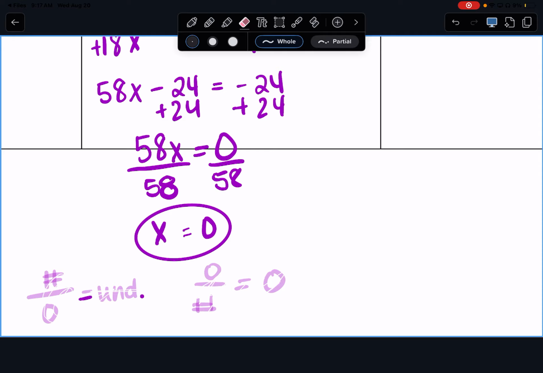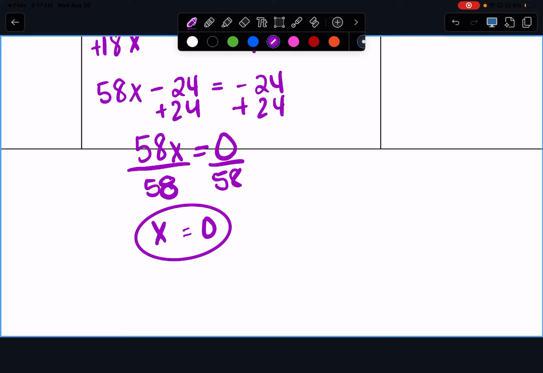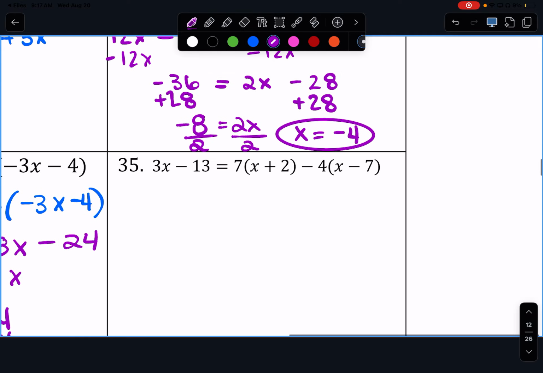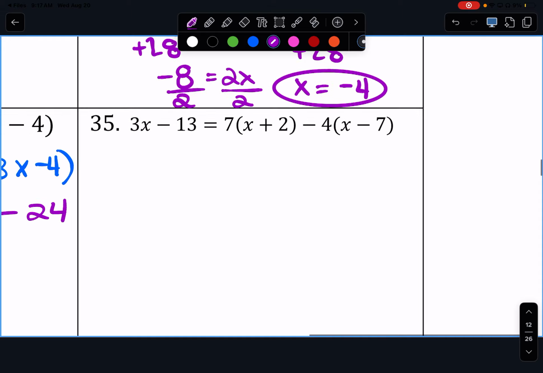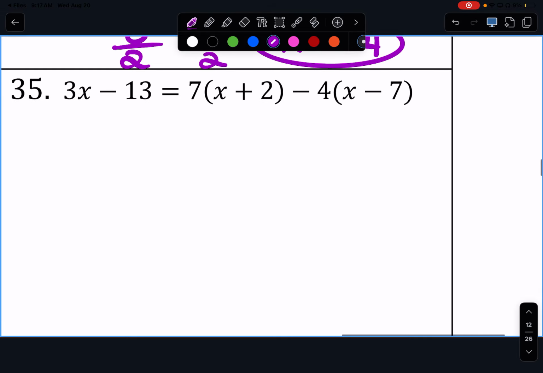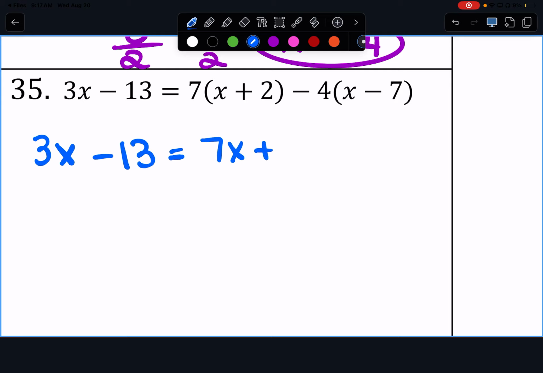All right, now we're going to look at question 35. So for question 35, what should the next line be? Yep, because a negative and a negative make a positive.